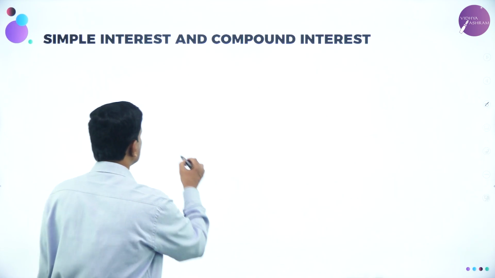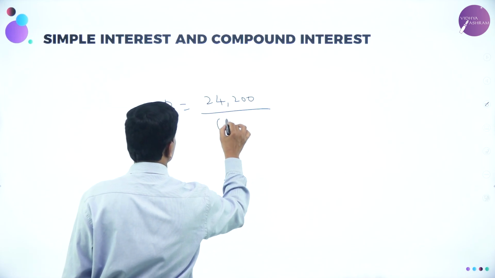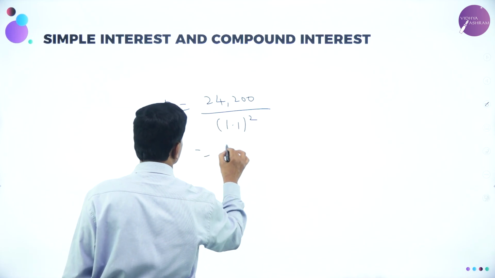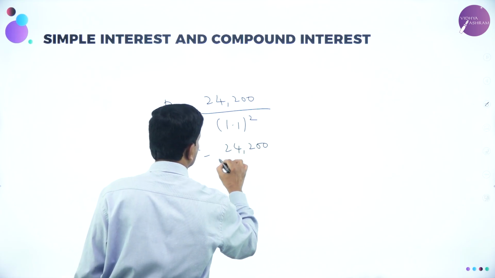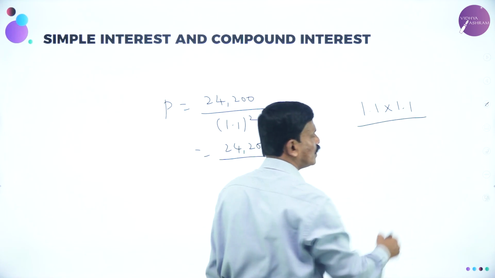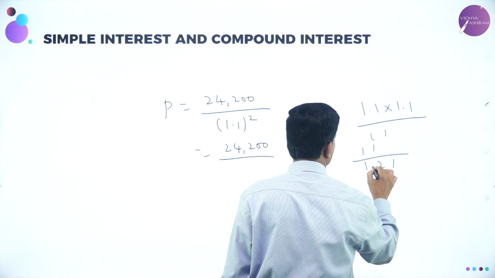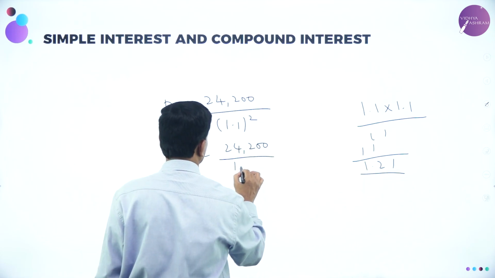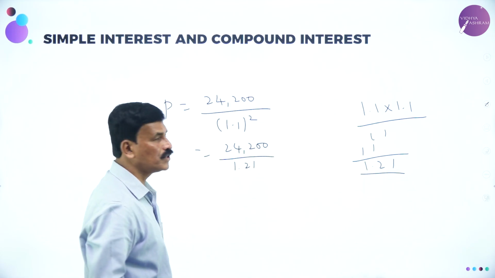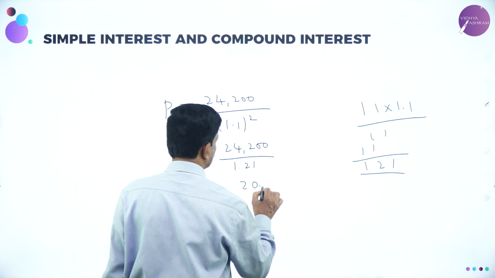Now P is equal to 24,200 divided by 1.1 whole square. That is 24,200 divided by 1.1 into 1.1. So what is this equal to? 1.21. If you divide 24,200 by 1.21, then you are going to get 20,000.